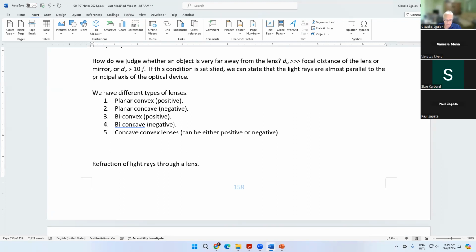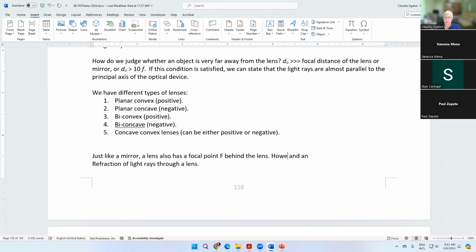But even better, just like a mirror, a lens also has a focal point F behind the lens.